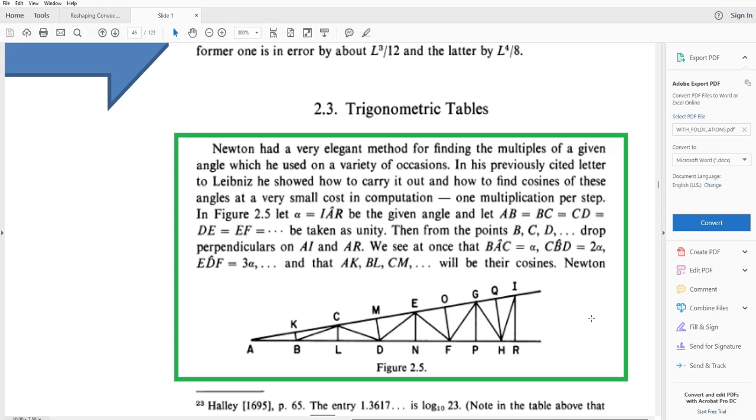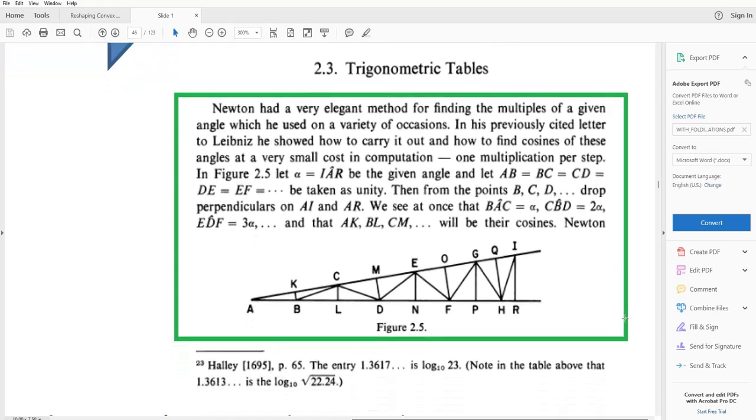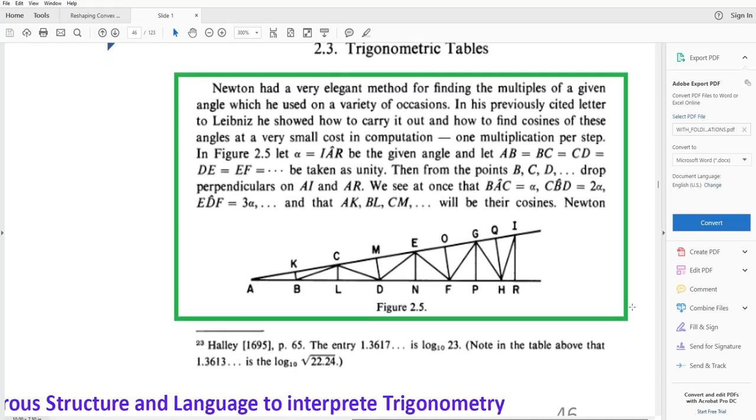And Newton proposed the concept of geometry usages to find the multiples of the cos theta and he wrote the letter, and at that time, while he was developing the calculus, he was trying to do the triangulations of the multiple angles, submultiple angles, to find the formula for the trigonometry.